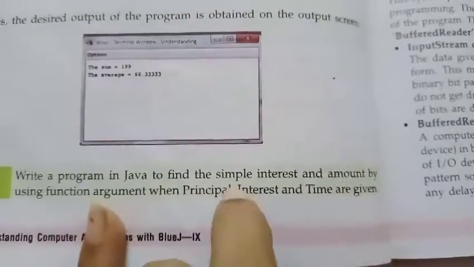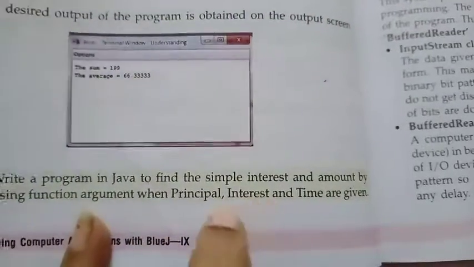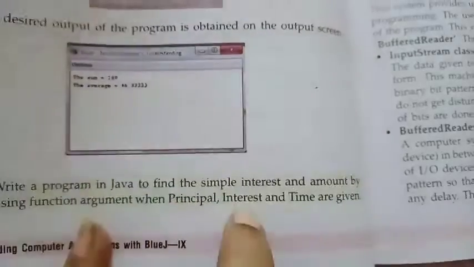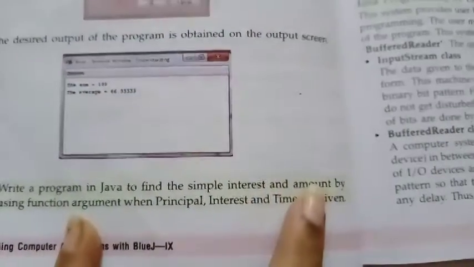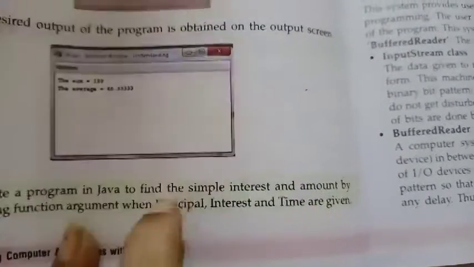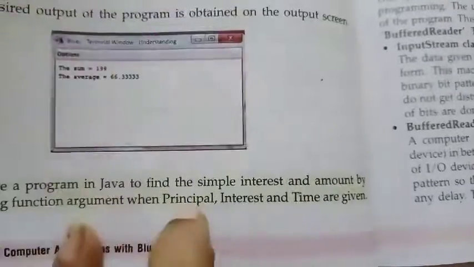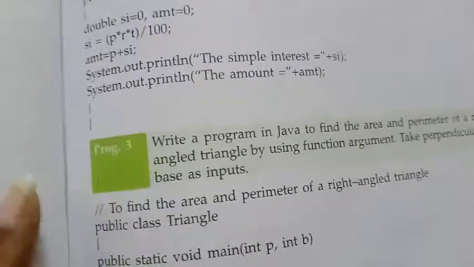To calculate this, we are going to again get three values as inputs. The 3 values are principal, interest and time. You all know the formula of simple interest and amount, so you know what values you need to calculate them. The values are principal, interest and time. So these are the inputs we are going to get from the user.